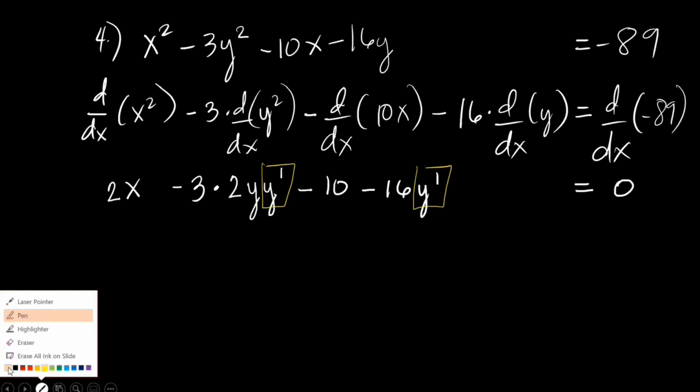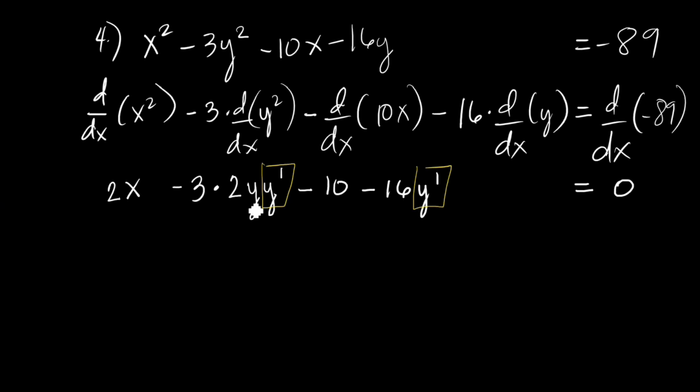So in isolating, let us just copy it. So we do have 3 times 2 is 6y prime minus 16y prime equals. On the left, we can transpose 2x, so it will become negative 2x. The negative 10 will become positive 10.